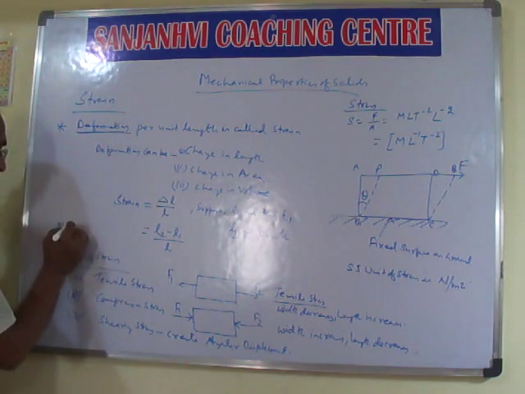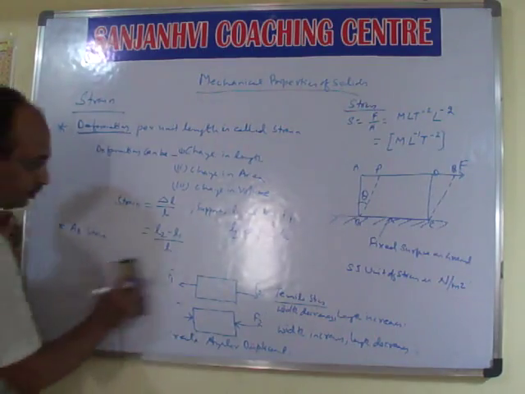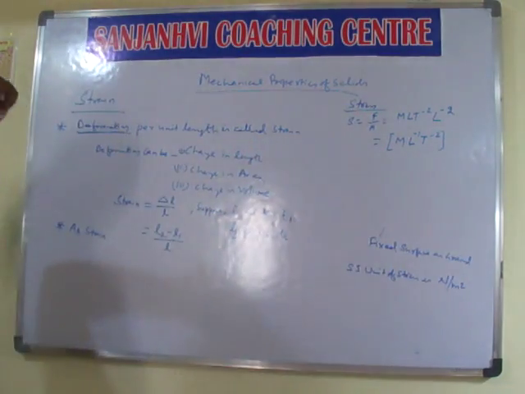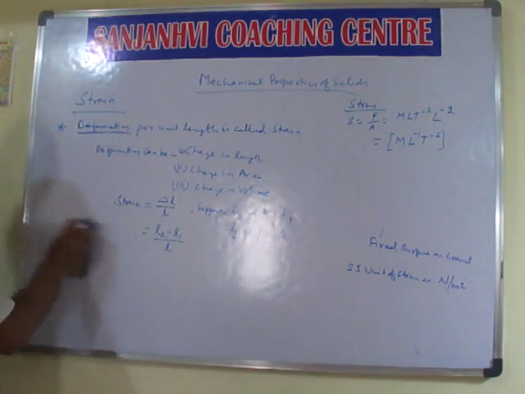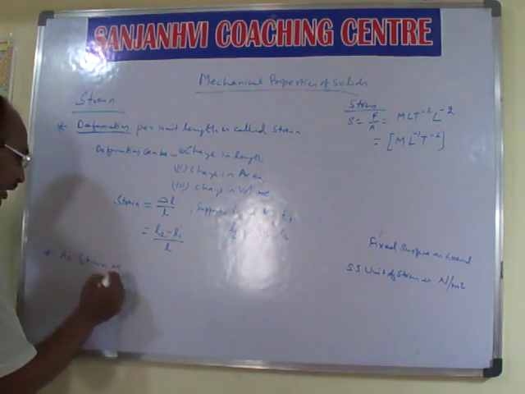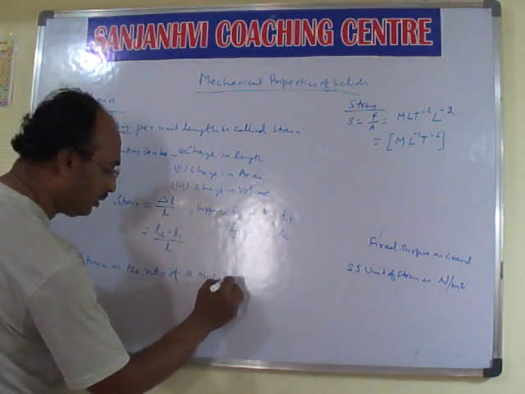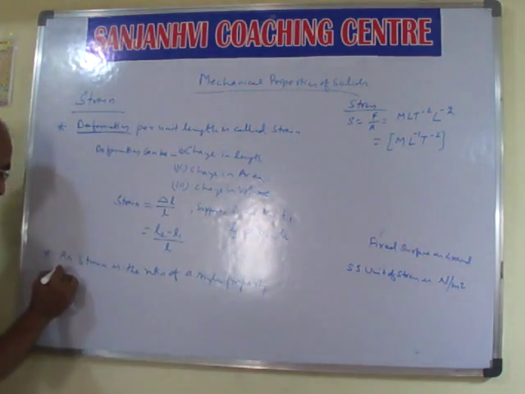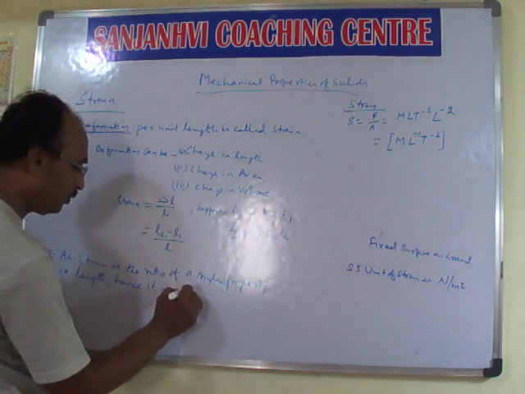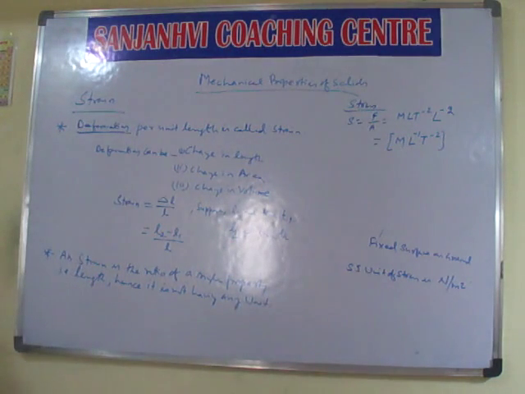You can write it as strain is the ratio of a single property, that is length, hence it does not have any unit.